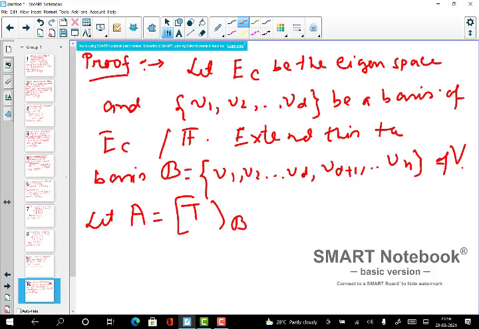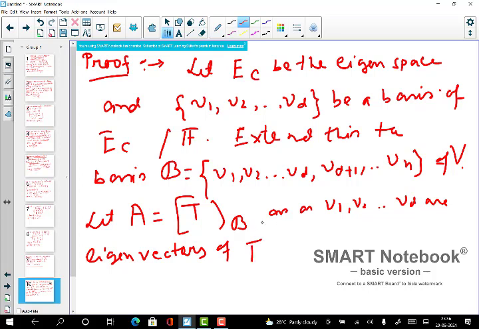That means these vectors are also eigenvectors of T corresponding to the eigenvalue c.